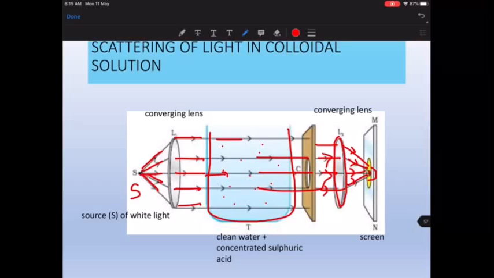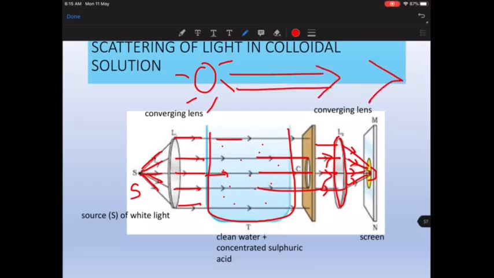In the daylight, I told you, in the noon time, why do we see it white in color? Because only the blue light gets scattered. So suppose this is the sun, and this band of light is coming. Now this is where we are actually observing the light. So only the blue light gets scattered here. That's why we see the sky blue.